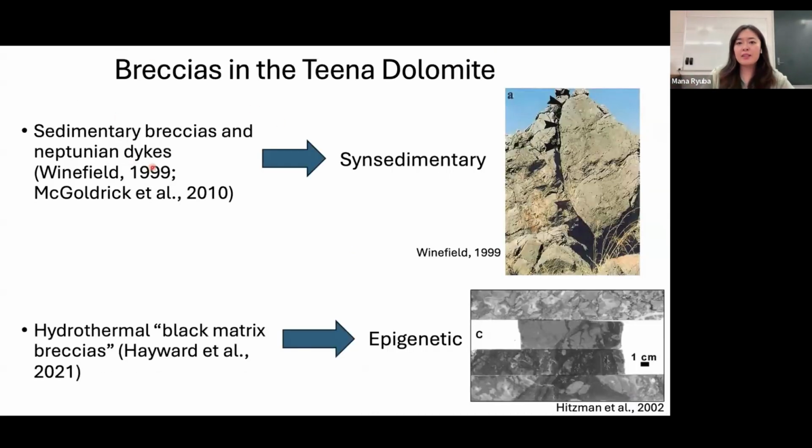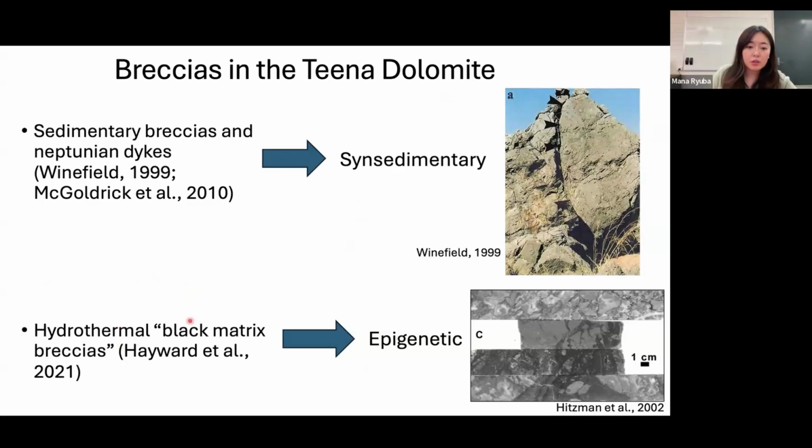Breccias have been previously documented in the Teena Dolomite. Peter Winefield wrote about it quite a bit in his PhD thesis, so that would be a sedimentary origin for these breccias. However, more recently, these breccias have been interpreted to be of a hydrothermal origin.